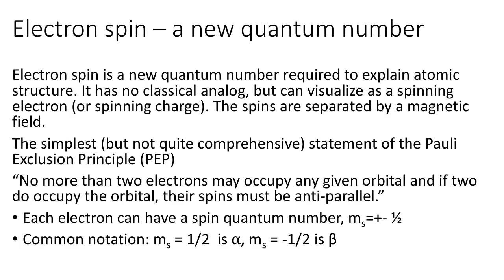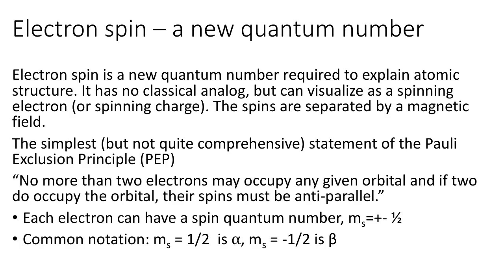Okay, and so we then have the Pauli exclusion principle, which we use to explain how we put spins in this. We factor spin into our orbital occupation. And this is the general chemistry definition. It was basically stated that we get 2 electrons per orbital, and if we put 2 electrons in the orbital, the spins must be anti-parallel.